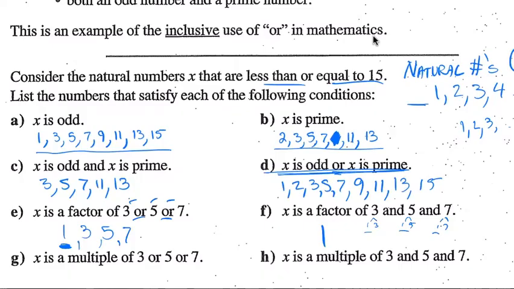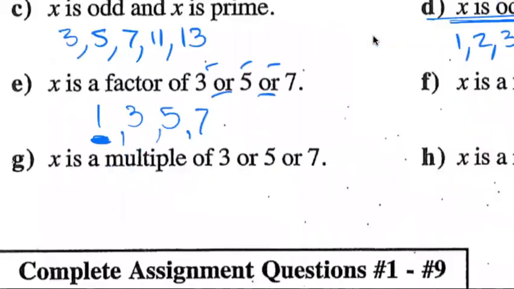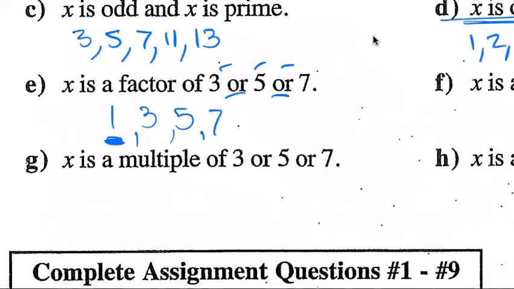X is a multiple of 3 or 5 or 7. So within the numbers 1 through 15, the multiples of 3 would be 3, 6, 9, 12, 15. Because it's or, we're including the multiples of 5, which would be 5 and 10 and 15, and the multiples of 7, which would be 7 and 14.